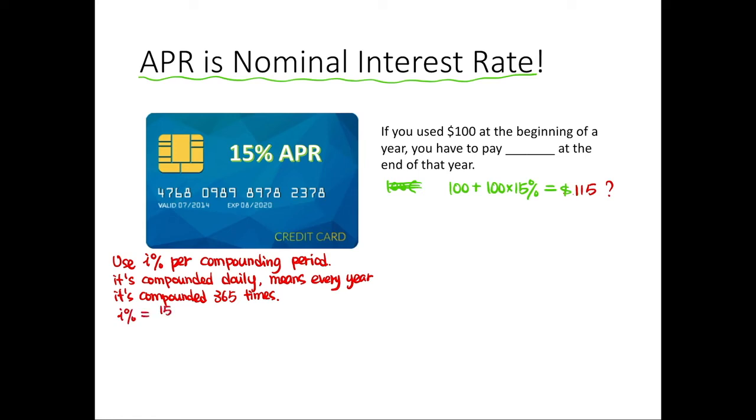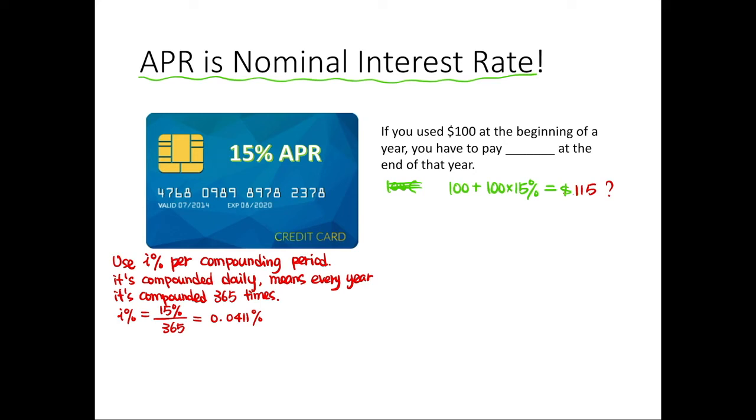It is 15% over 365, so that is 0.0411%. Which means the company will compound it every day, and the interest rate they use every day is 0.0411%.